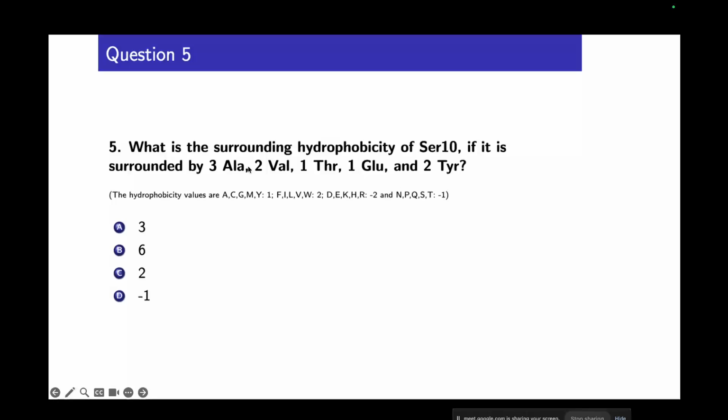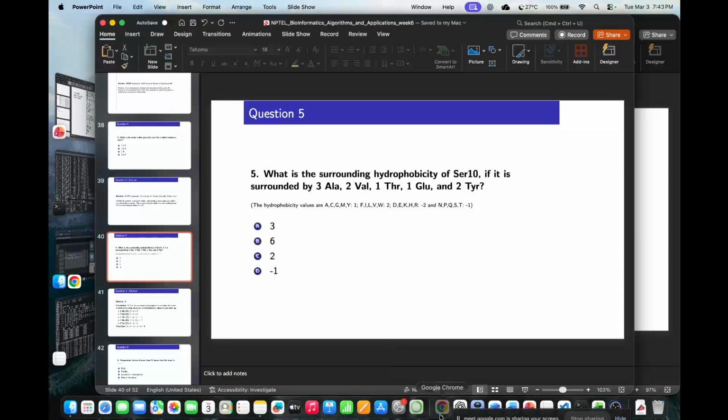3 alanine, 2 valine, so 4, 7, 1 threonine, 1 glutamate, 7. Okay. Yeah, I think the answer is not negative one.